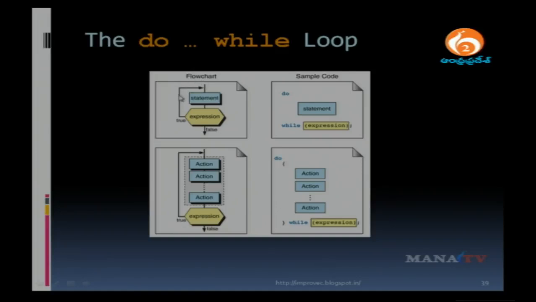If the condition is false, control comes out of the do while loop. The action here means the logic of the program, any code or statements. Statements are executed, then the condition is checked. If the condition is true, control goes back and executes the same steps again. Again the condition is checked. If it is false, control comes out of the do while loop.